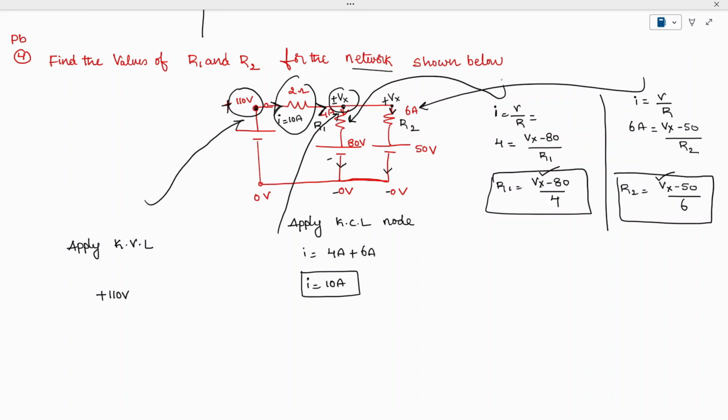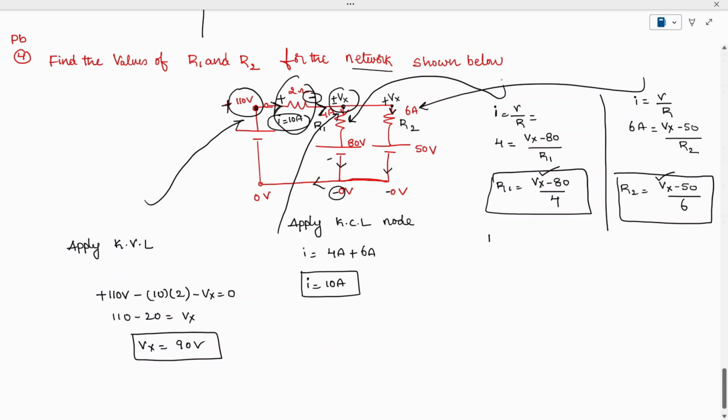Current is entering as positive and leaving as negative, so minus I into R, where I is 10 amperes multiplied by the resistance offered here, 2. And the polarity leaving here is minus Vx, equal to 0. So 110 minus 20 is equal to Vx. Therefore Vx is equal to 90 volts.